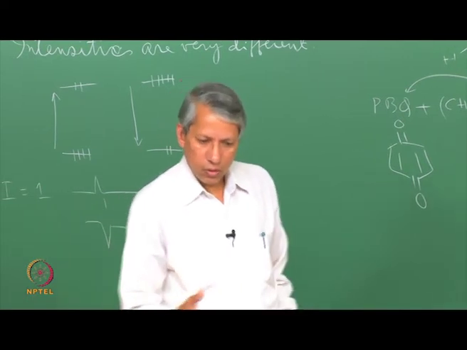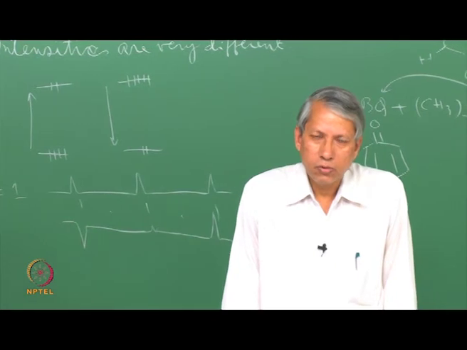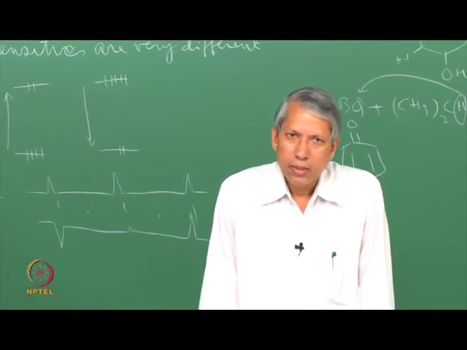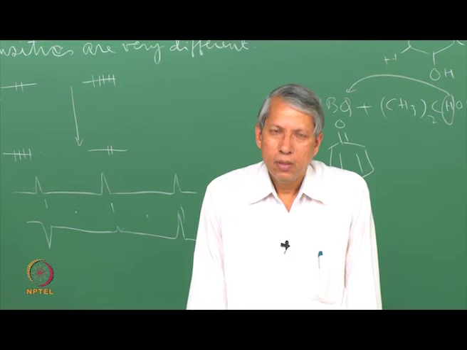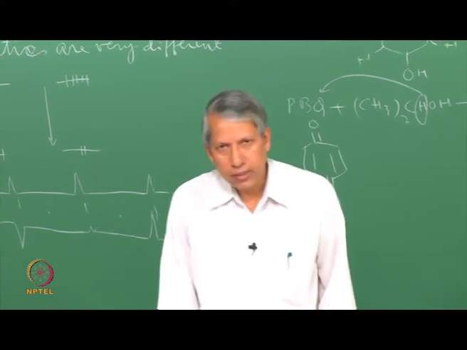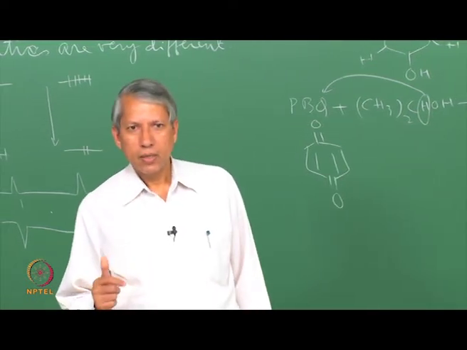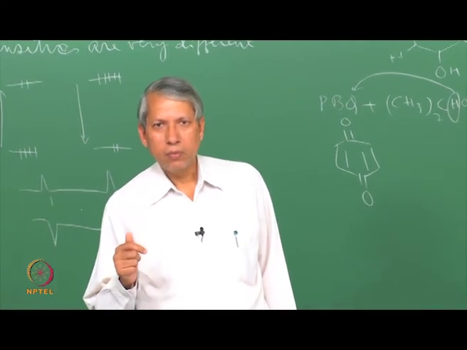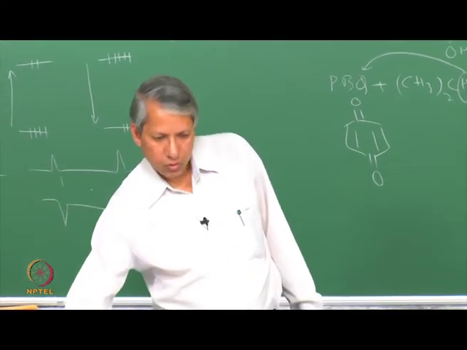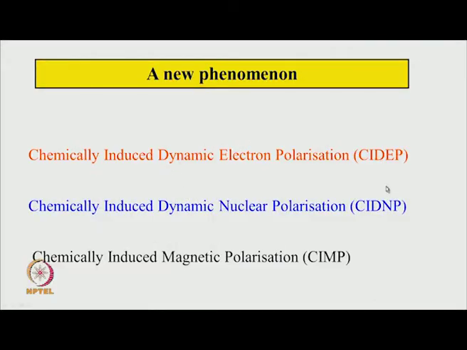Now, since the early days almost all the examples were seen to arise from chemical processes, that is, either the NMR signal was recorded for a chemically reacting system or the EPR signal was recorded at the time of creation of the radicals. So, this used to be called chemically induced dynamic electron polarization or chemically induced dynamic nuclear polarization, and a general term was given as chemically induced magnetic polarization, which is inclusive of both of these terms.